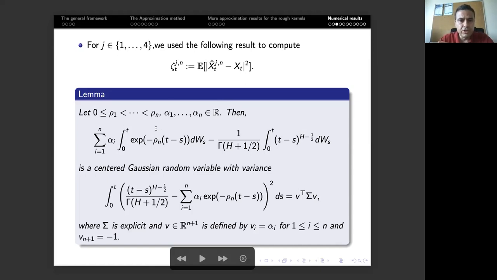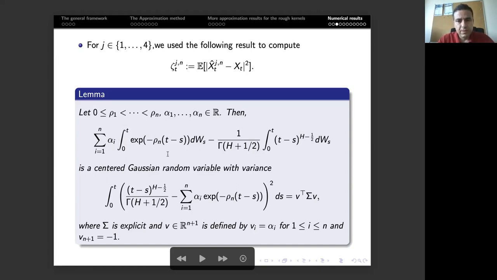All our approximation schemes can be rewritten as some multiplicative constant times a convoluted exponential times dW_s. So clearly, what will change if you change your scheme is only the rho n and of course the weights alpha i, that's it.